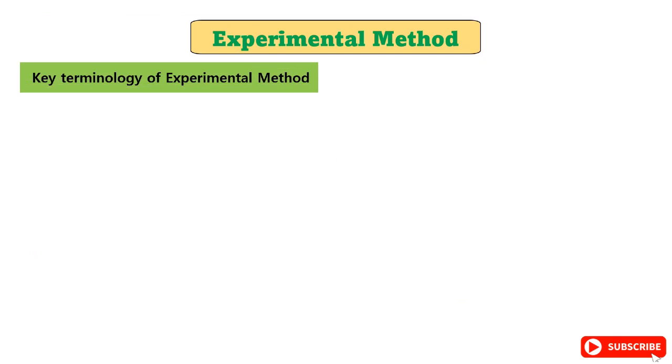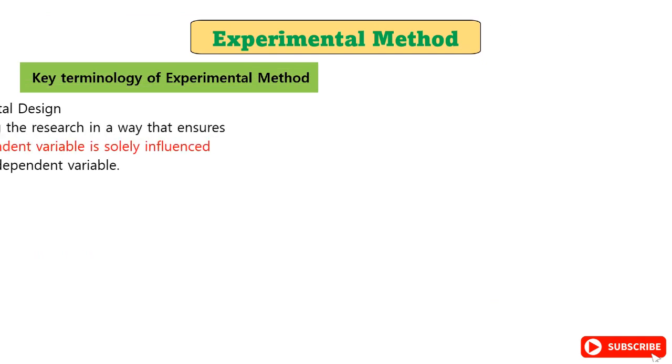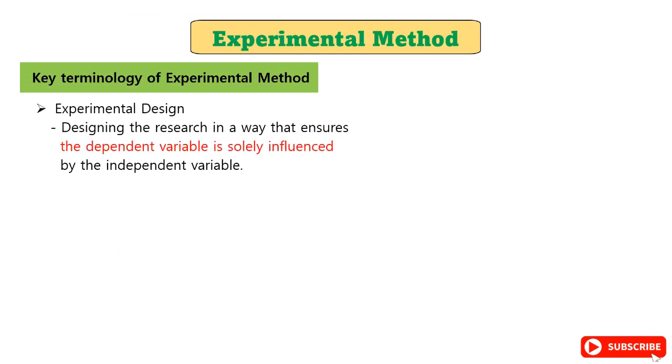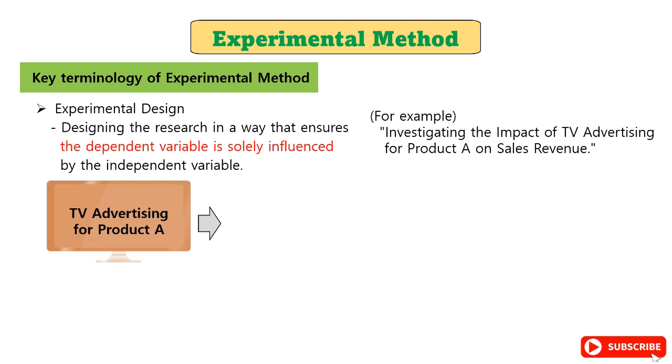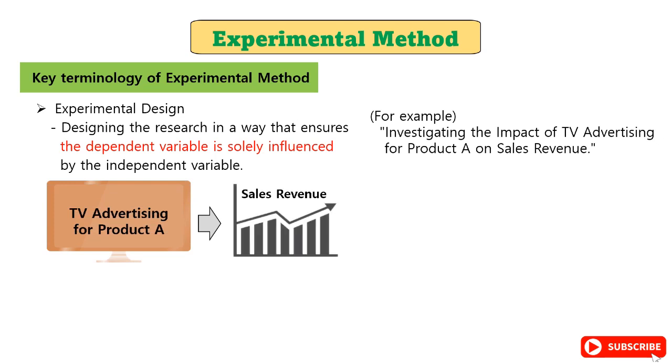First, let me explain the key terminology. In the experimental method, the term experimental design is used. Experimental design refers to designing the research in a way that ensures the dependent variable is solely influenced by the independent variable. For example, let's consider a study titled, Investigating the Impact of TV Advertising for Product A on Sales Revenue. When product A is advertised on TV, it undoubtedly affects the sales revenue.